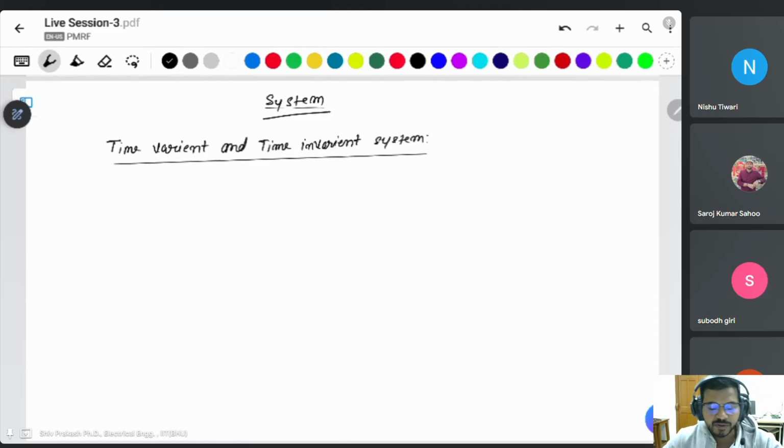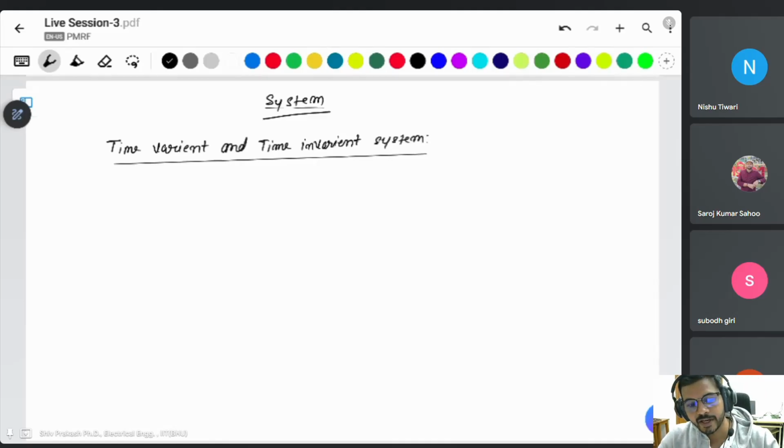A time variant system means one which varies with respect to time. It does not directly depend on the input. If you give some input to the system, the dynamics will change with respect to time. For example, if you give a unit step input at some time, and after some time you give the same unit step input, but the output will be changed, then that type of system is known as a time variant system.